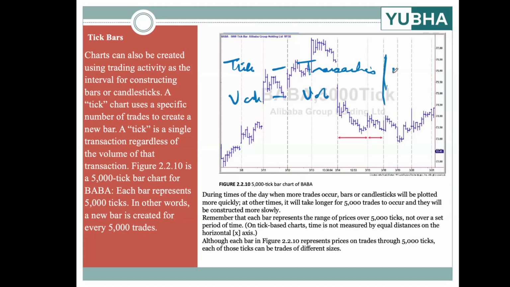You can have one transaction with 10 shares, or you can have 50 transactions with 50 shares, which means one transaction per share. In the first case you have one single tick but the volume is 10. Over here you have 50 ticks with the volume of 50. Questions till now?